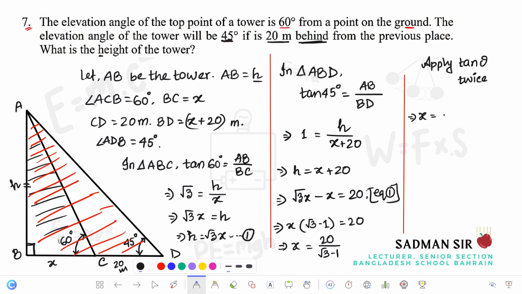First we need to find out the value of root 3 minus 1, then 20 divided by the answer.